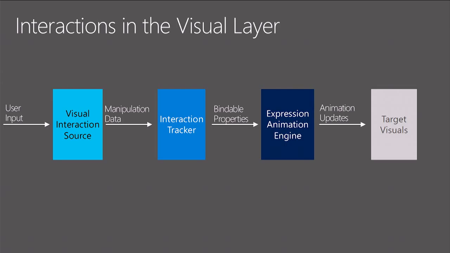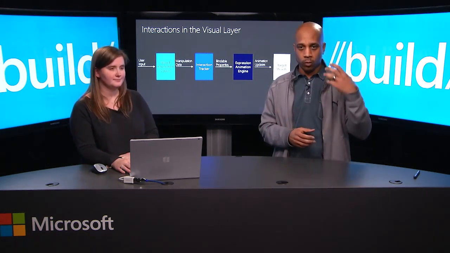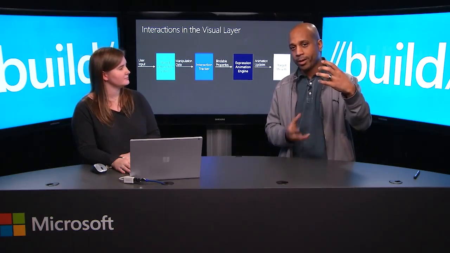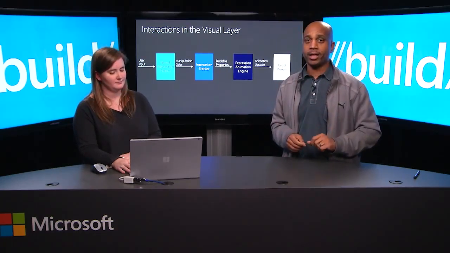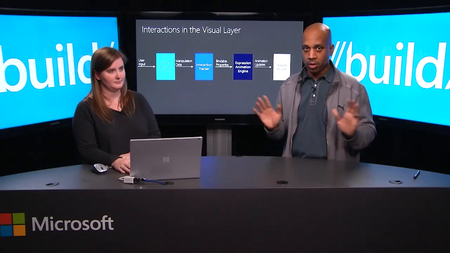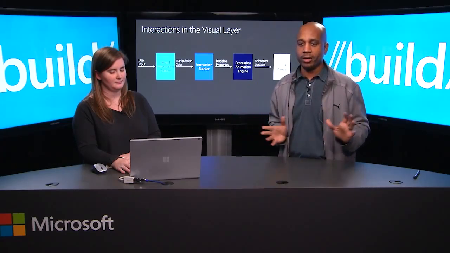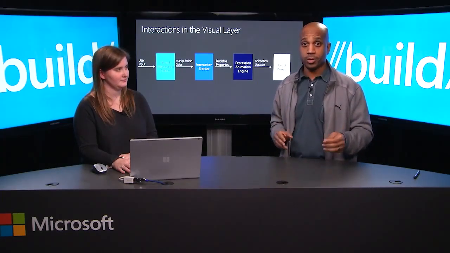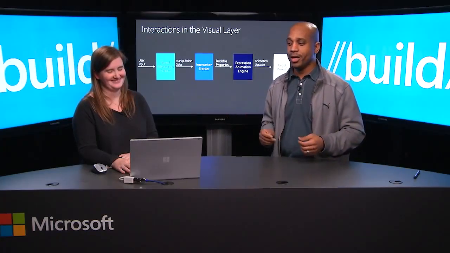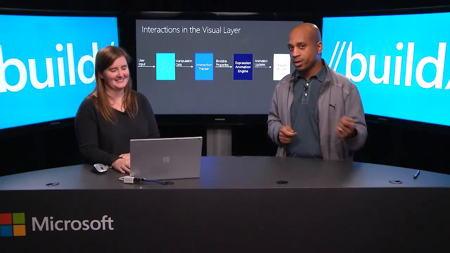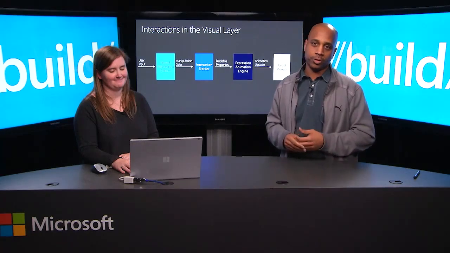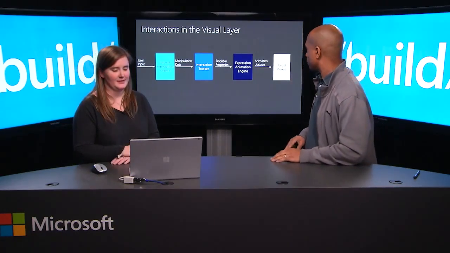Right, and the key point here is target visuals, plural, because traditionally you have, like a scroll where you have one parent, one child, and that's all you got. But with Interaction Tracker, we don't really care about your visual tree. We care about your users. Your visual tree can be whatever it wants to be. We just listen for input relative to any visual, and you can output it to as many visuals as you want, however you want to.